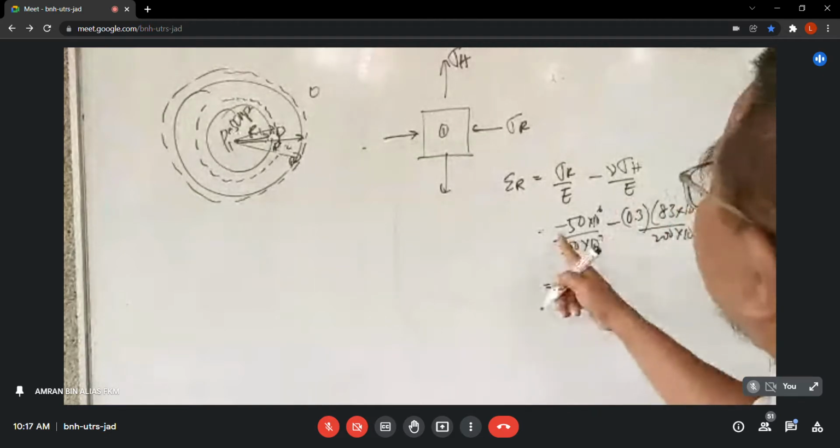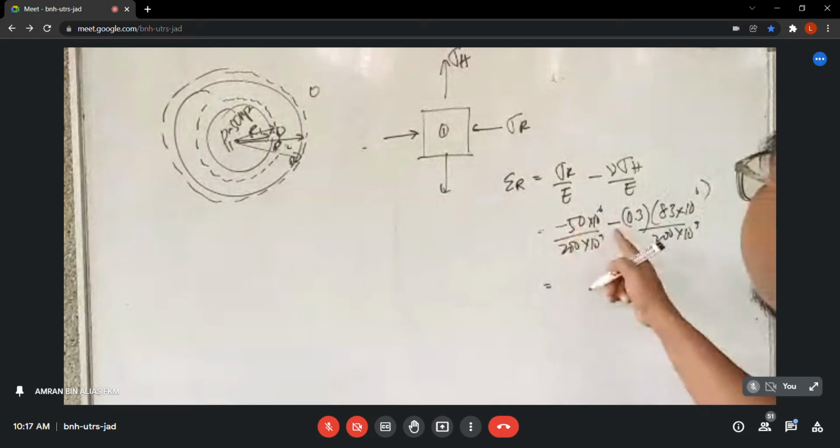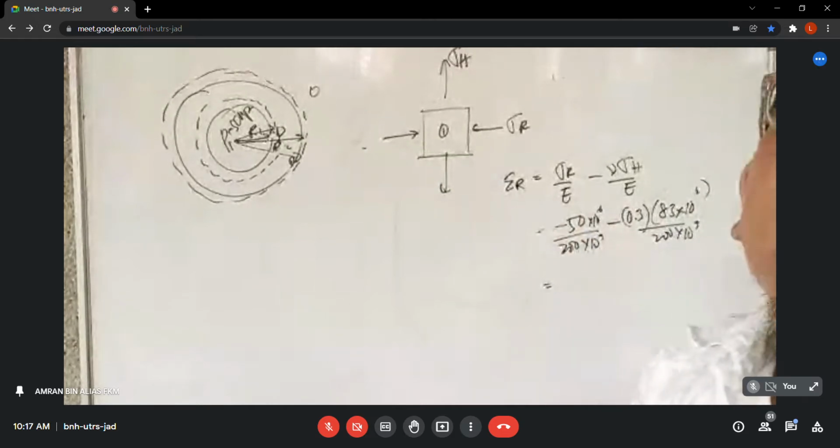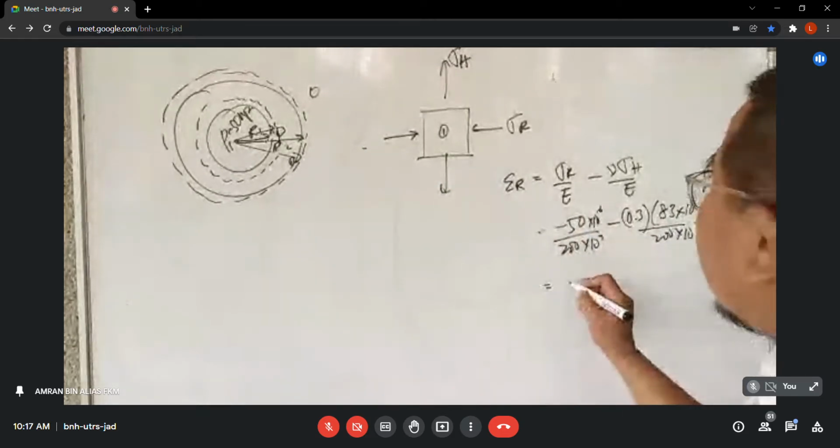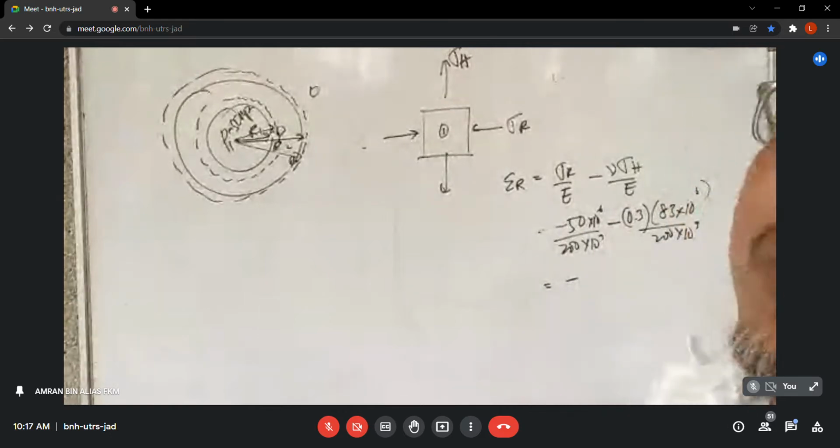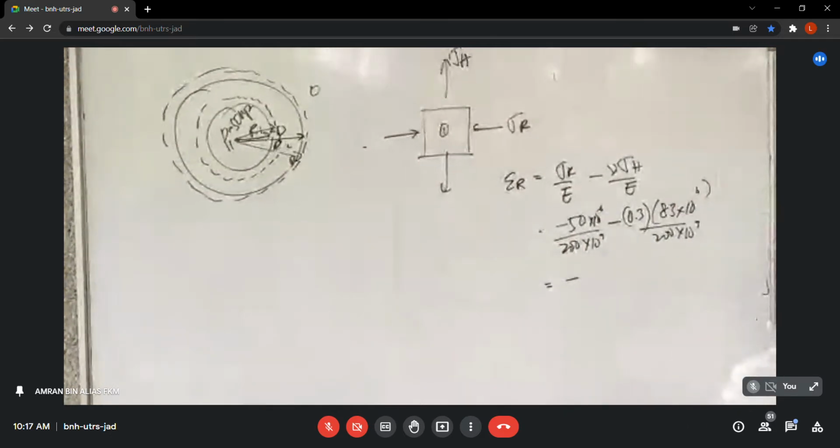So what is the value? Negative and negative there, correct? The value must be negative there. Write down there. What is the value? Please do some calculation.